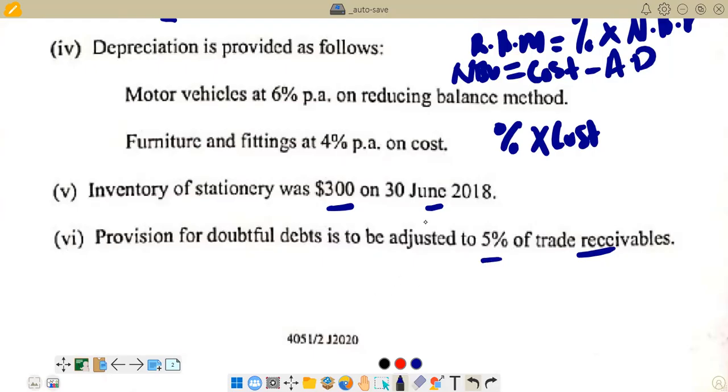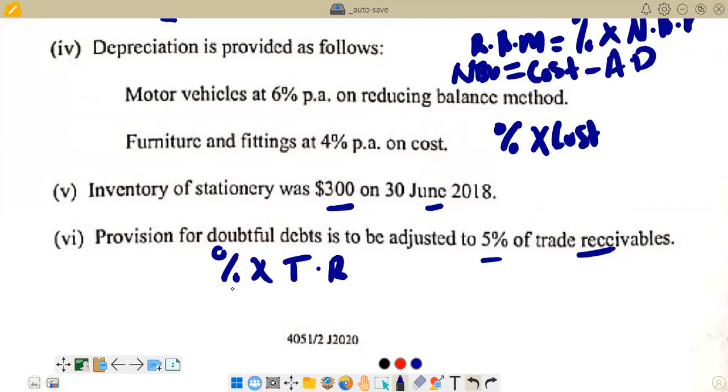To calculate the provision for doubtful debts for that period, we say percentage times the trade receivables figure. The figure that we get is the level of provision for doubtful debts for that year. But then we compare it with the figure of the previous year and analyze if there's an increase or a decrease.